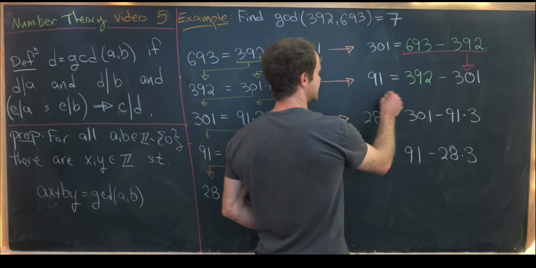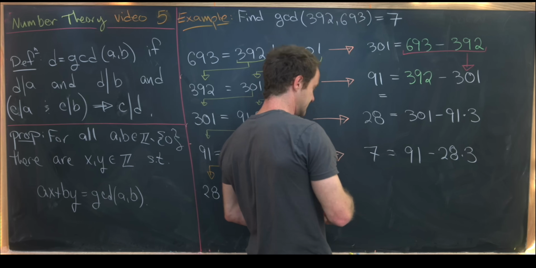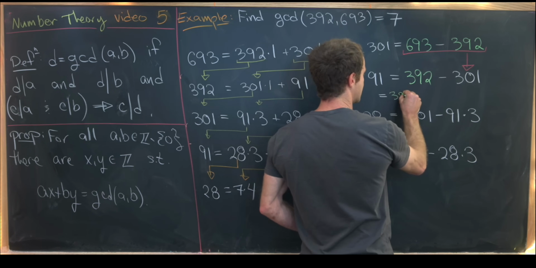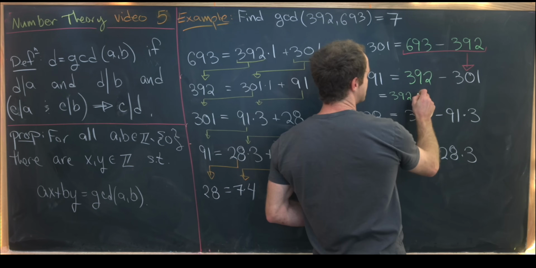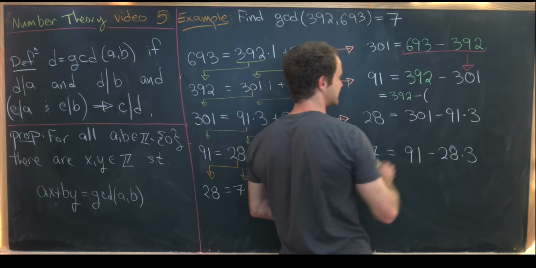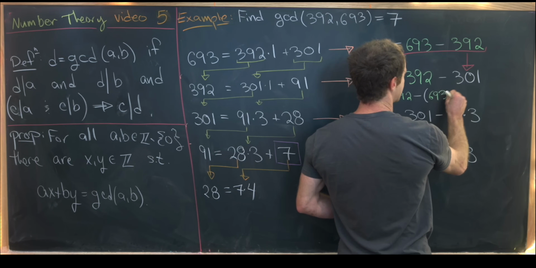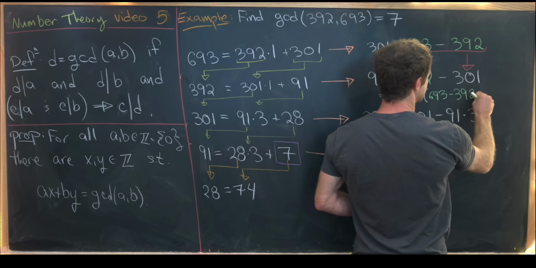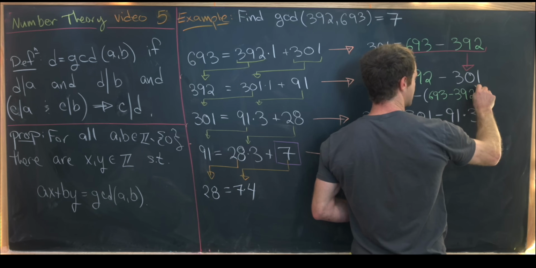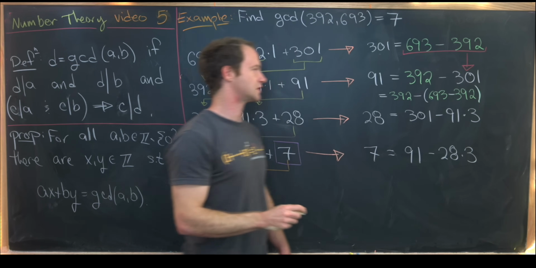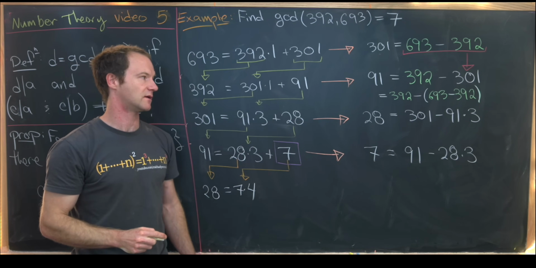So now we have 91 is equal to 392 minus, in parentheses, 693 minus 392, like that. Great. So I've just replaced 301 with what I saw before.